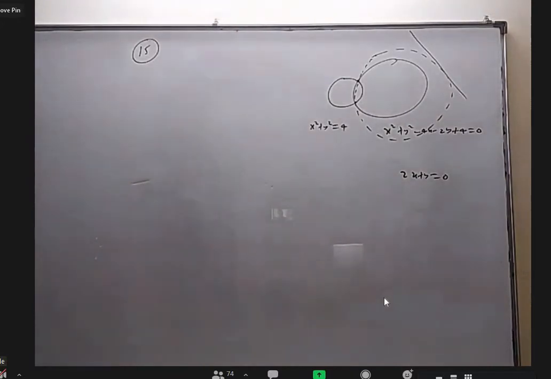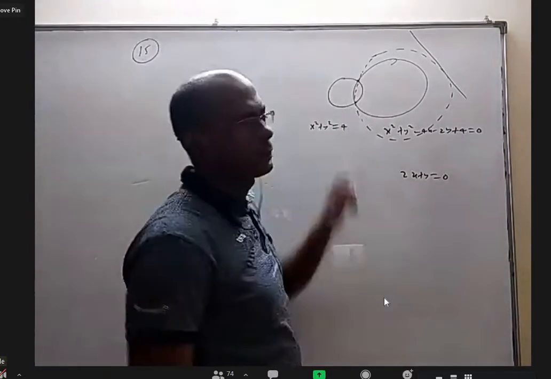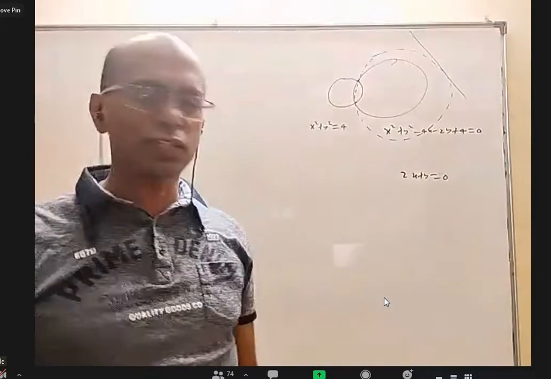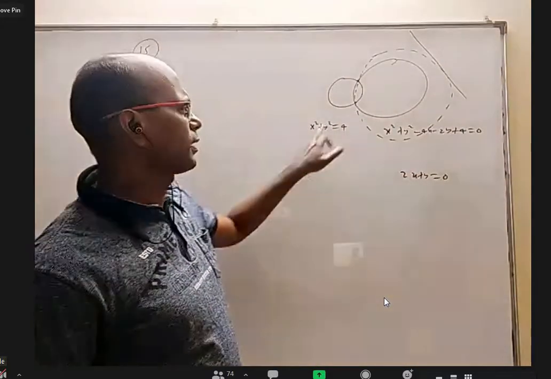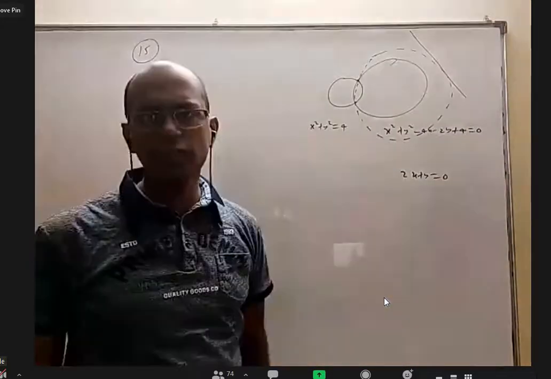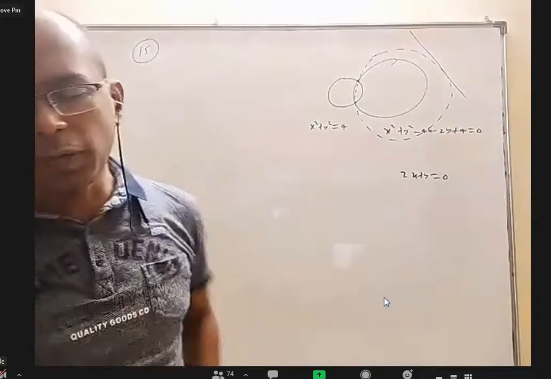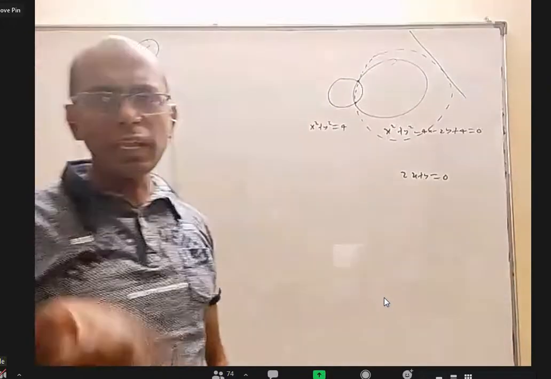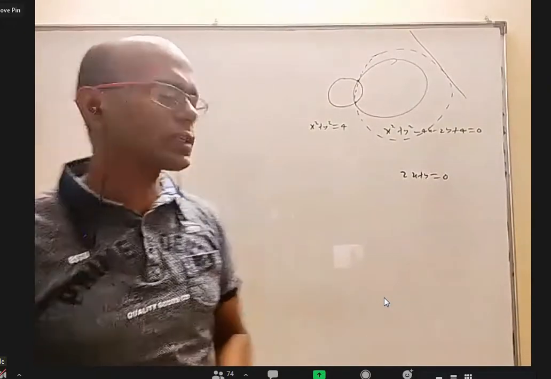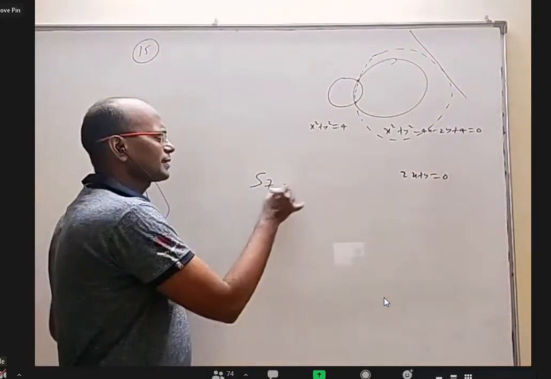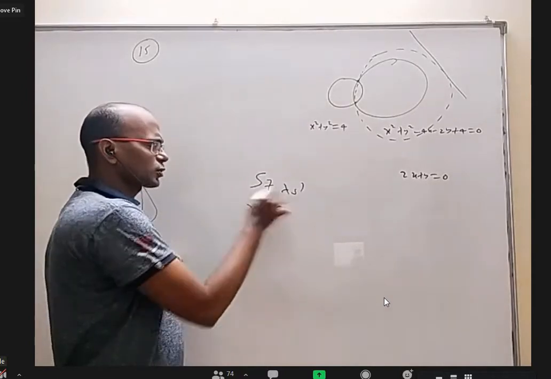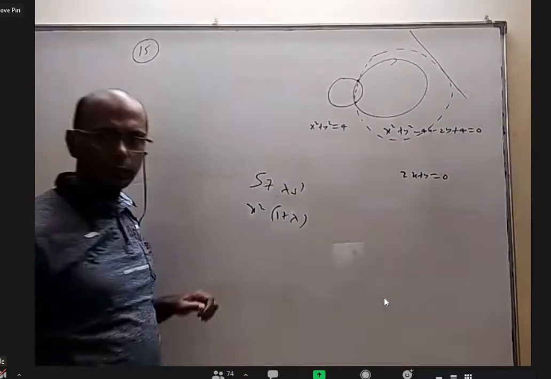Yes, correct. Any circle passing through these two will be in the form of s plus lambda s dash. You can take this circle plus lambda times this circle, or you can subtract these two, you'll get a line, and you can use s plus lambda l. S plus lambda l is better than s plus lambda s dash, because if I use s plus lambda s dash, my coefficient of x square will be 1 plus lambda.